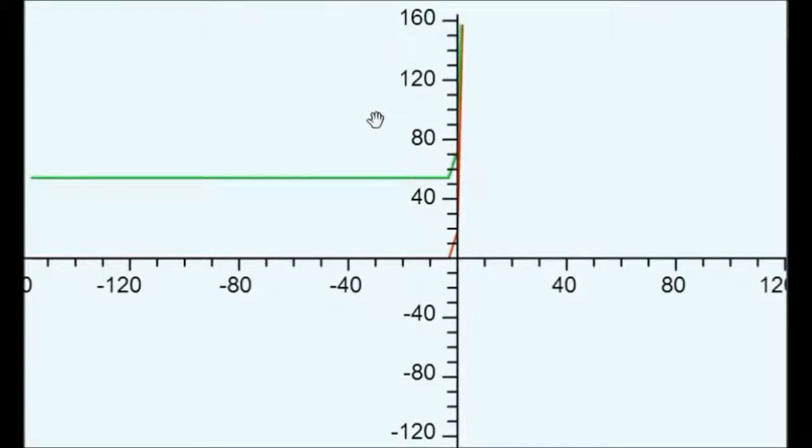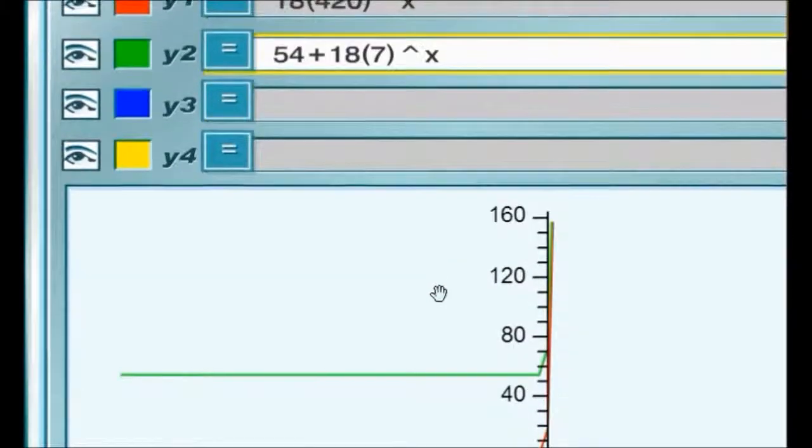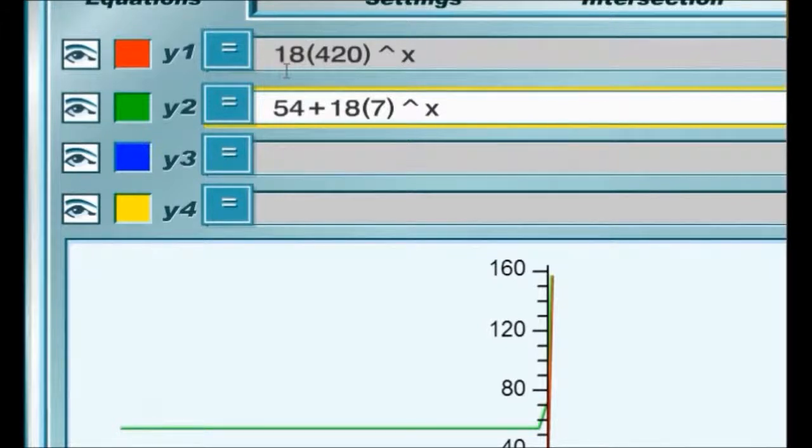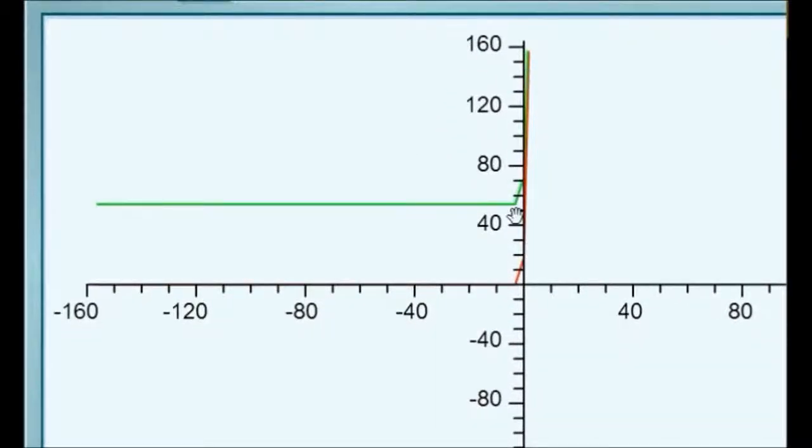So here I have the graph of y equals 57 plus 18 times 7 to the power of x, and y equals 18 times 420 to the power of x. So the green equation is the new equation, and the red one is the parental function. So they do not match.